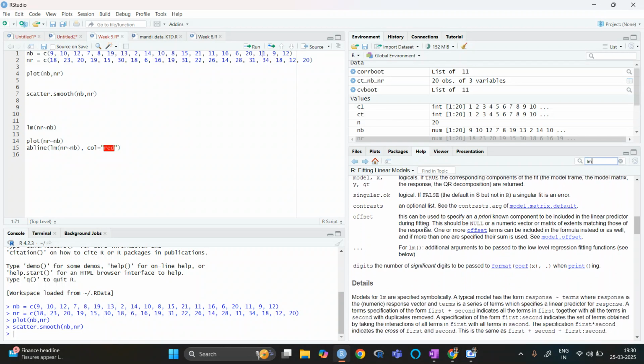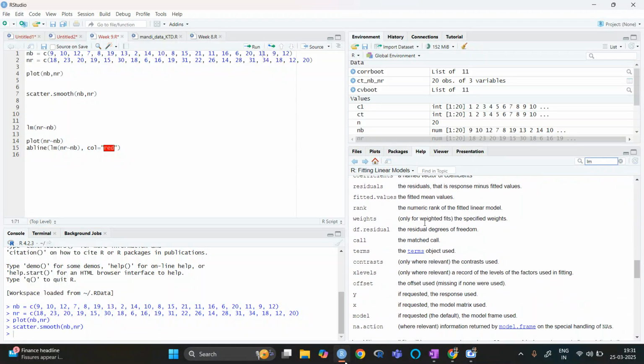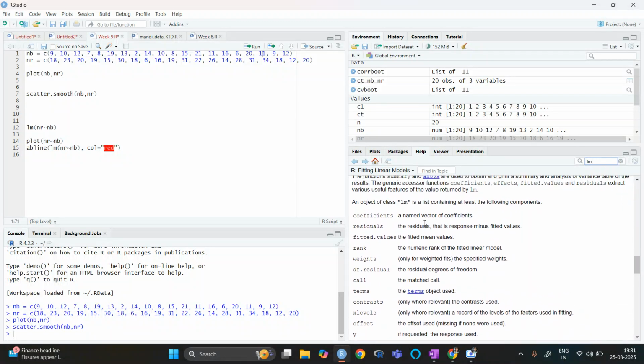Then the results, which is what is important. It will give us the coefficients, so what is beta naught, beta 1. The residuals, that means the real value of y, the value found by using this model, and how much the difference between these is.